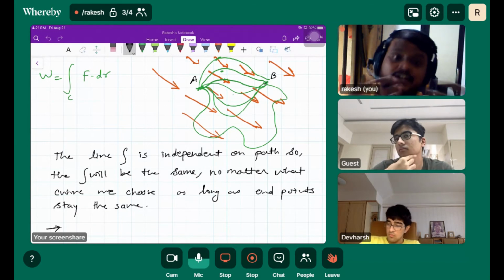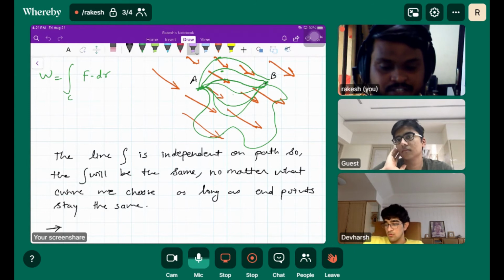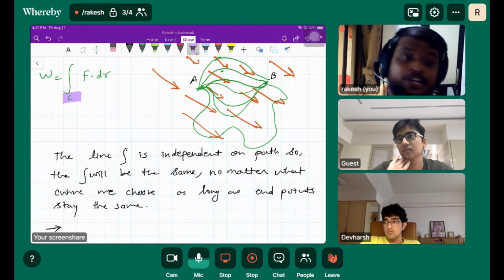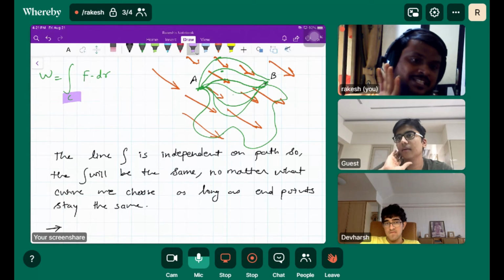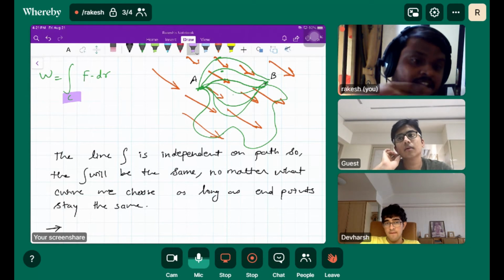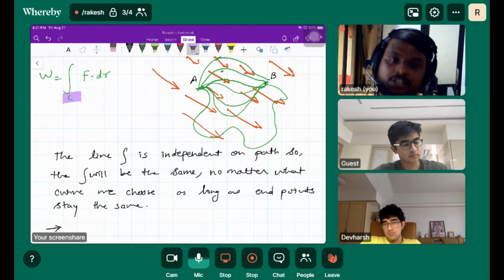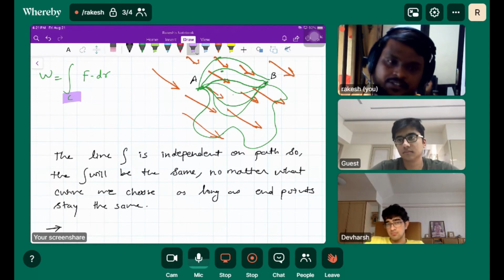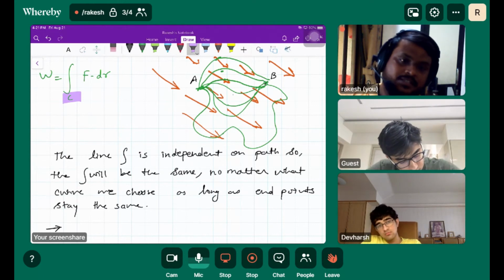So we need not define the curve here. Do you remember, in the previous examples, we needed to define the curve and define the vector field in terms of parametric equations, and then we found the dot product and integrated, right? All those workings are reduced in this case.